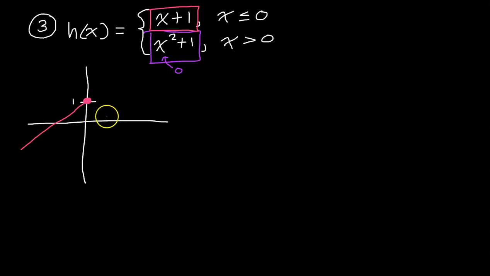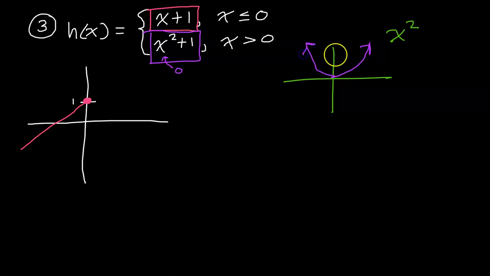So I'm just going to go on and imagine what the rest of the graph would look like. I know that the graph of x squared, for example, is a parabola. We all know that x squared is going to be a parabola. x squared plus 1 is just going to be a parabola that was shifted up 1.